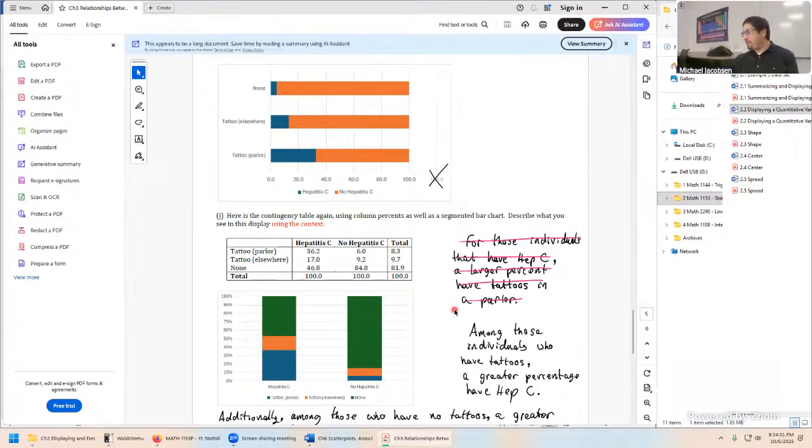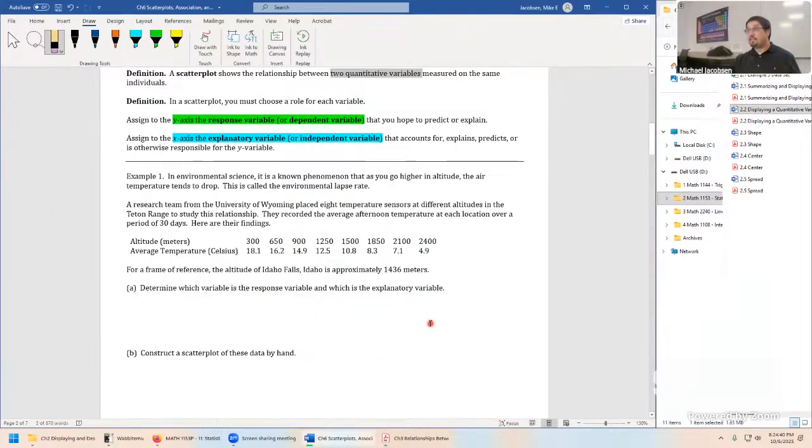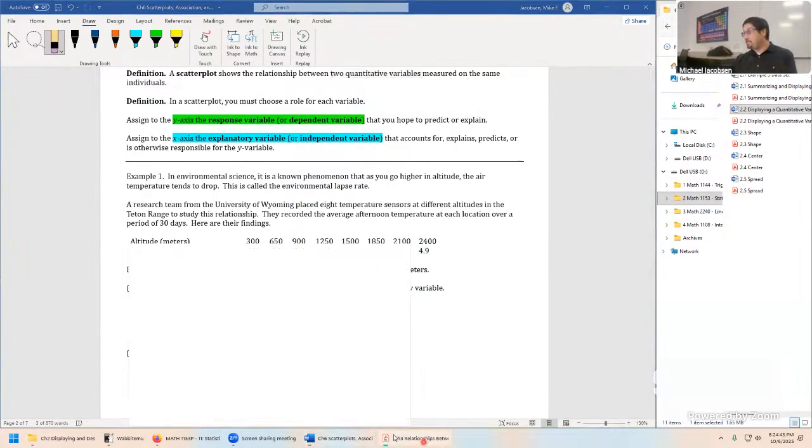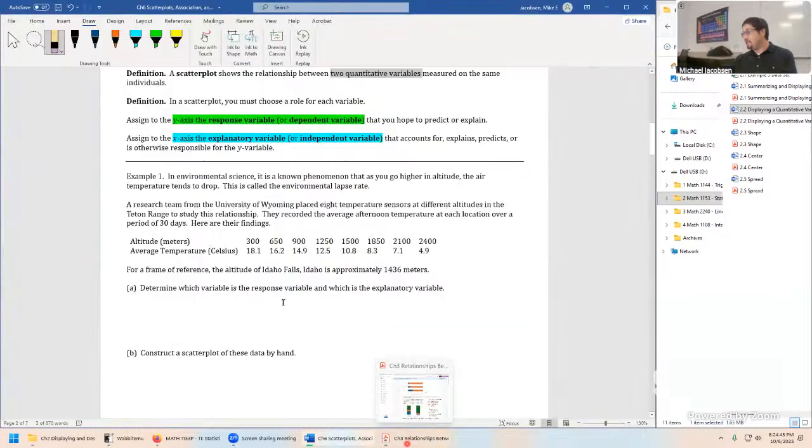If you change the type of variables, man, the work looks totally different, right? One categorical variable with a quantitative variable was bar charts. Two categorical variables were those segmented bar charts here. And now we're using scatter plots for two quantitative variables.